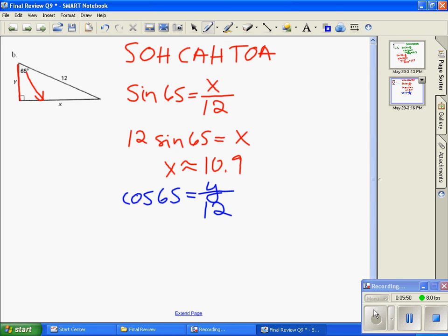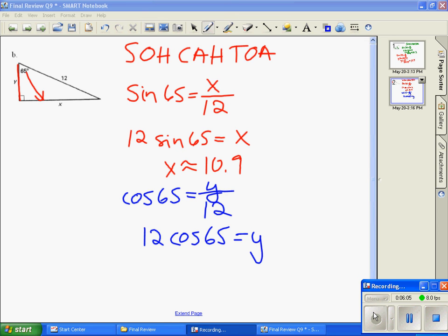So multiply both sides by 12. So we have 12 cosine of 65 equals y. Okay, now again, punch things into the calculator and get an answer. Okay, and so I got 5.07, so 5.1 is our answer.